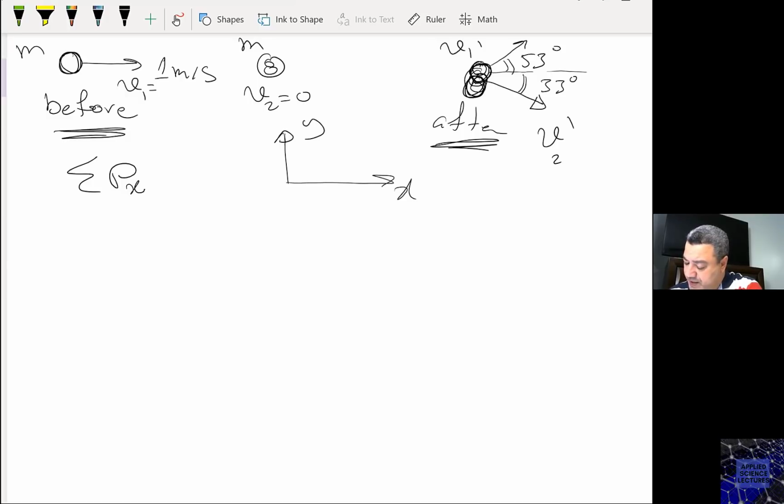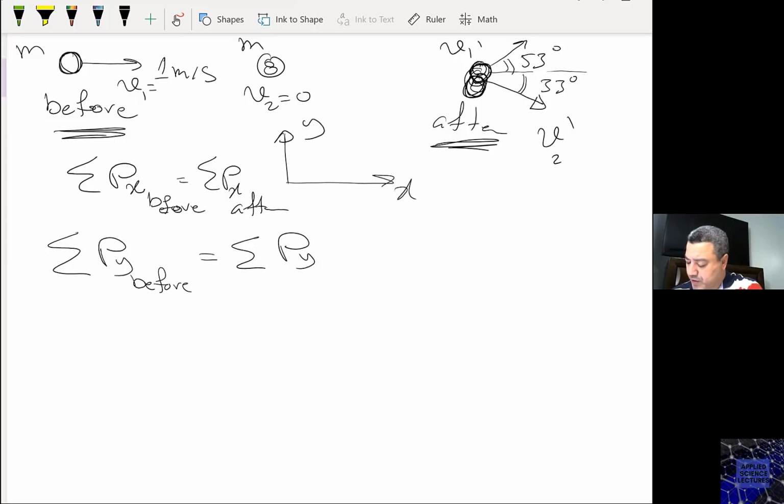So I have sigma px before equals sigma px after. I have sigma py before equals sigma py after. Let me start with the first one.